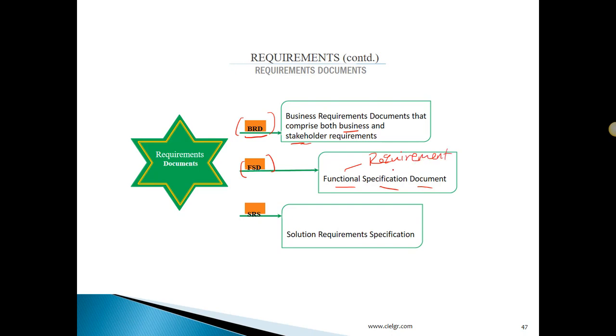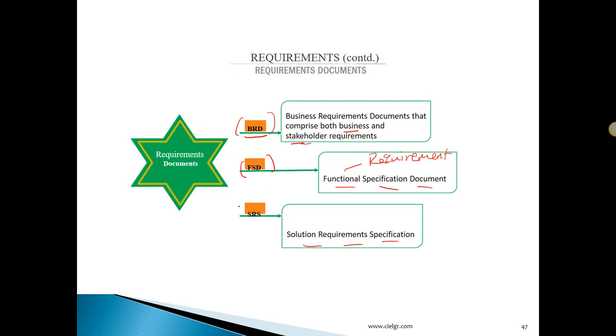The document specifies the function that a system or a component must perform. So it typically describes what is needed by the system user, as well as requested properties of inputs as well as outputs. Then you also have the solution requirement specification, SRS.